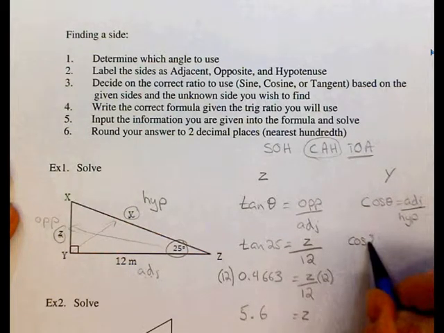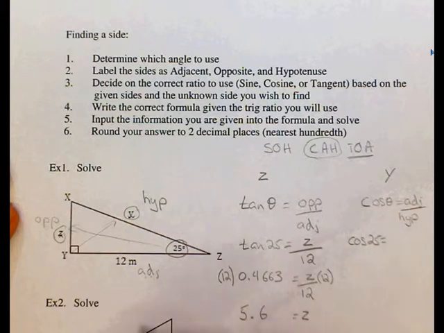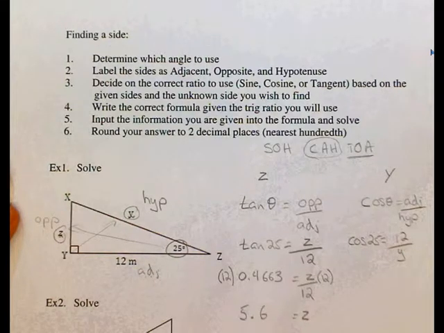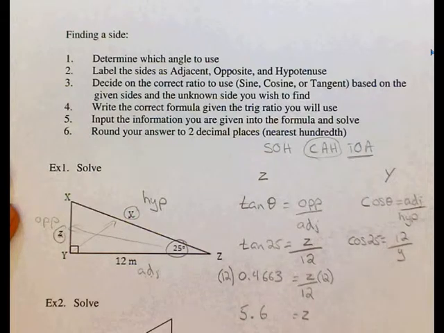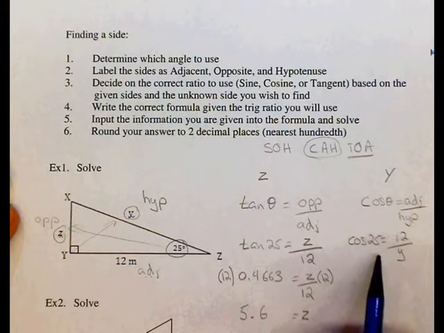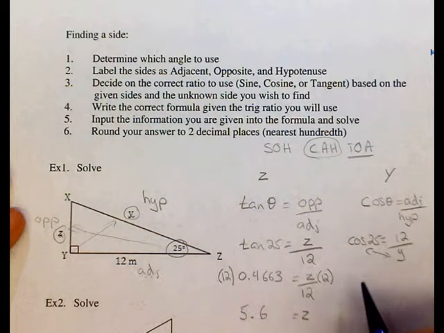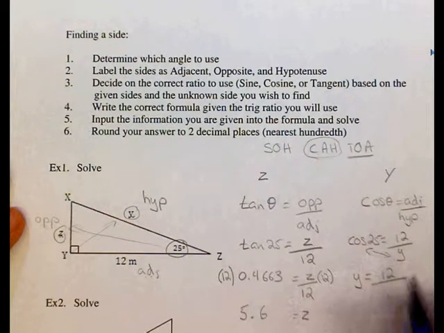Cos of 25 equals 12 over hypotenuse, which is y. Now we have a little problem, as our denominator is what we're solving for. With a little bit of fancy math, we can just simply switch these around, and we haven't changed anything mathematically. So y is going to be 12 divided by the cos of 25.